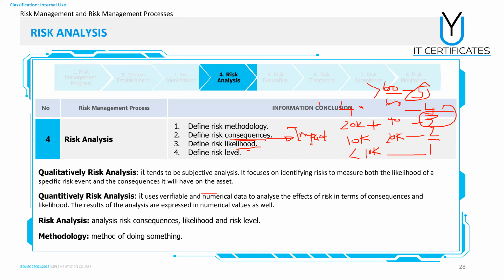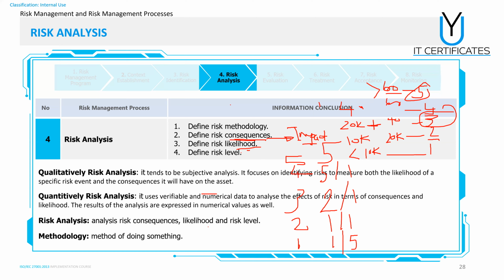Okay, this is for the impact. For the likelihood, I want to do it again as different levels. If the risk will happen 1 per 5 years, or 1 per year, or twice per year, or 5 times per year, or more than 5 times, I will again say 1, 2, 3, 4, 5.